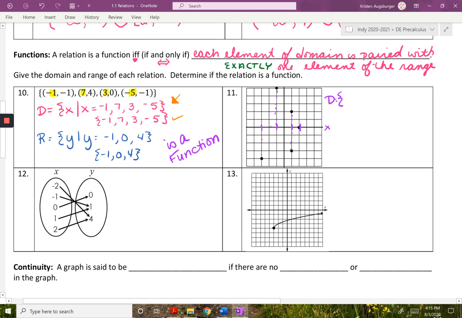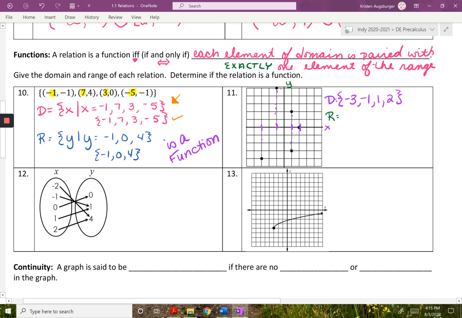That means my domain is -3, -1, 2. My range, on the other end, is talking about your y values, your dependent values.